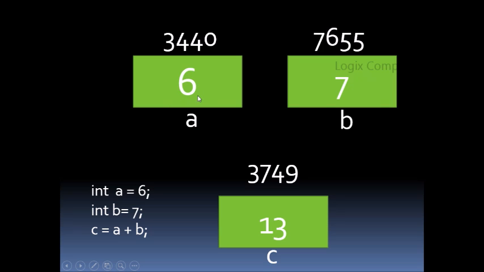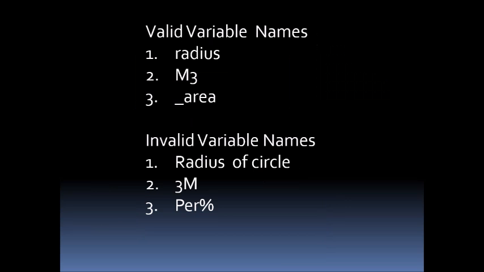So the names that you have given to these addresses have certain rules. An address name can have alphabets or numbers, but no special characters except the underscore. It also cannot be a keyword.